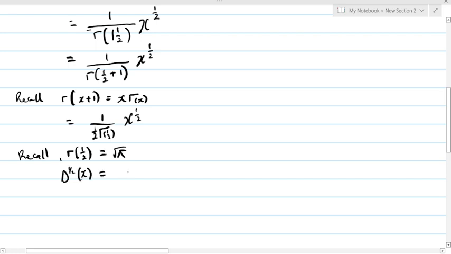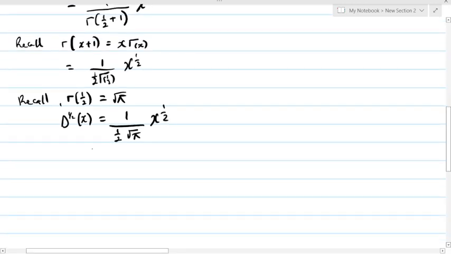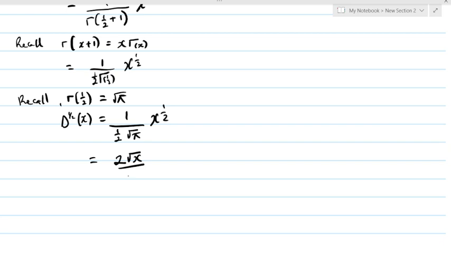If we simplify this further and properly, we are going to have 2 root x over root pi. That will be our solution for the half derivative of x.